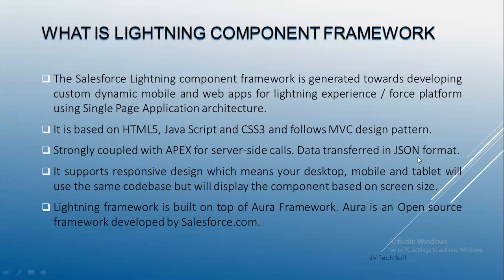JSON data looks like key-value pairs. It is completely lightweight, which is the reason all mobile applications especially use JSON services. Similarly in Salesforce, whenever you make any server-side call, the data transformation between your Salesforce Lightning and the Apex class happens in the form of JSON only.